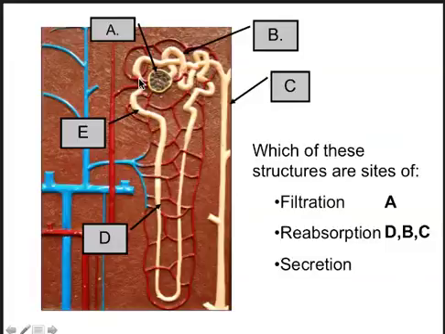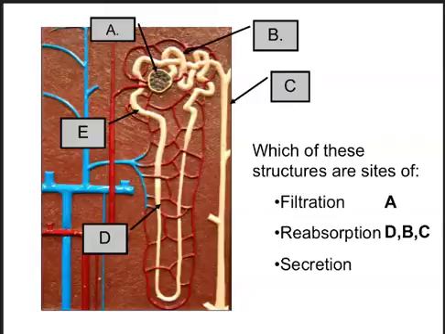The simple answer for reabsorption takes place in the proximal convoluted tubule here in B. Okay. And that pretty much takes care of most of the reabsorption. Okay, that's where most solutes are put back into the blood. Basically, the good stuff is recollected and put back into the bloodstream. Okay, that's the simple answer, B.